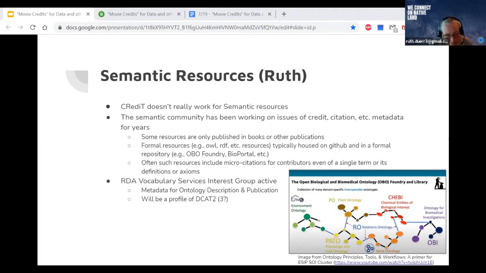And I left this little picture in here just to show that if you're doing ontologies properly, then everything hooks up very nicely. And this is, in my opinion, the best way to start to achieve interoperability between all the various and sundry disciplines.